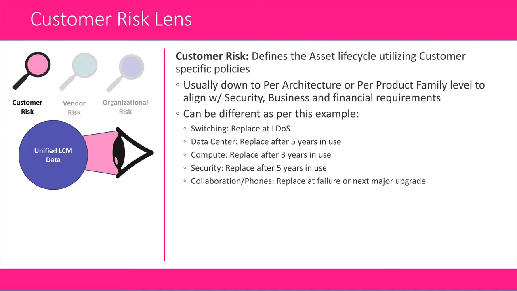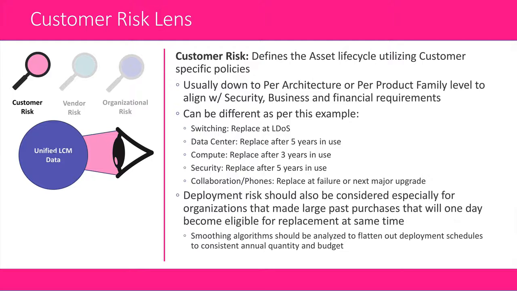For example, we might look at the risk that we're carrying in our switching fabric, or in our data centers or compute nodes. We might look at the risk as it relates to security, or indeed unified collaboration. In this case, we also need to look at deployment risk, especially for organizations that might have once made a large purchase that will all become eligible for replacement at one particular time in the future.